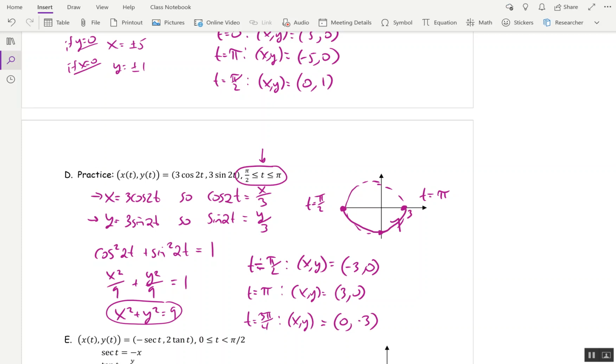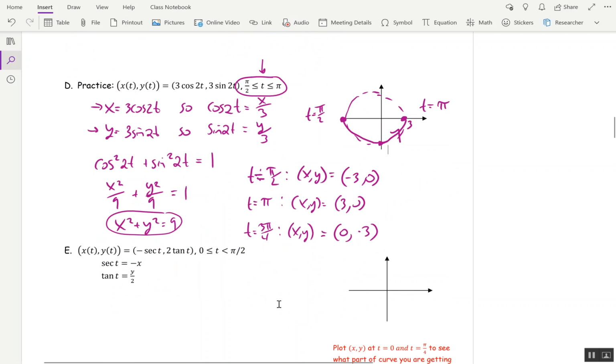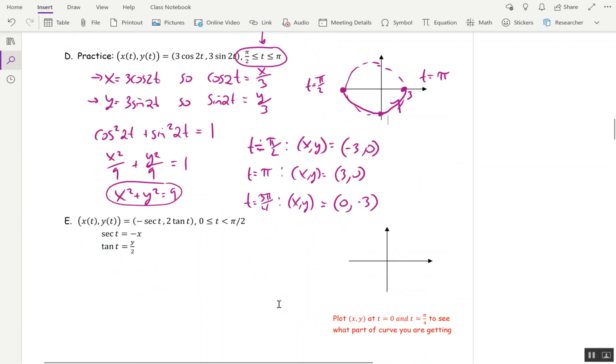All right, one more of these. This is still method 2, and then we'll switch to method 3. This one's got secant and tangent, so we want to use the equation 1 plus tangent squared t is secant squared t. And I already went ahead and solved the first equation for secant and the second for tangent.